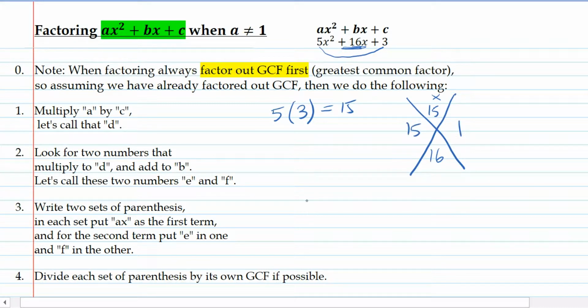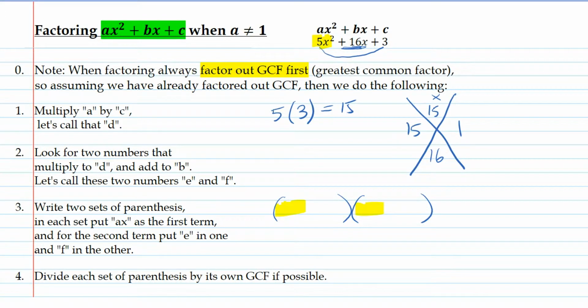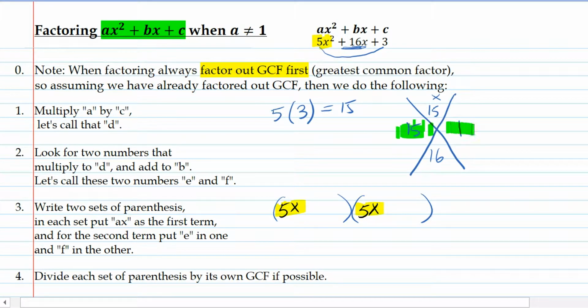Write your 2 sets of parentheses. As you recall, we're going to put 5x into both. That comes from our AX. And then we're going to put 15 and 1 as our second term.